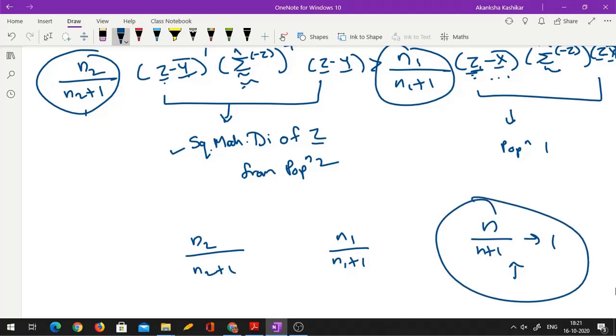Real analysis. So whichever is larger of these two, if N2 is large, this would be large. If N1 is large, this factor would be large. So that is going to contribute like a prior probability, okay?